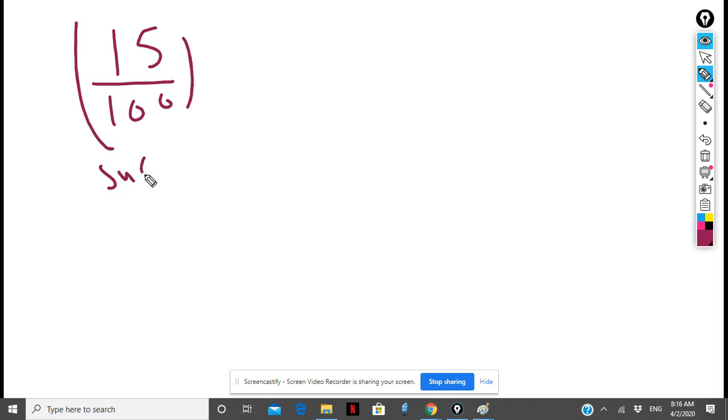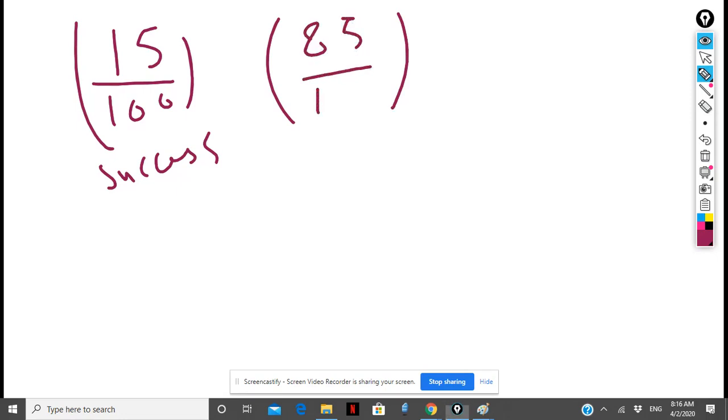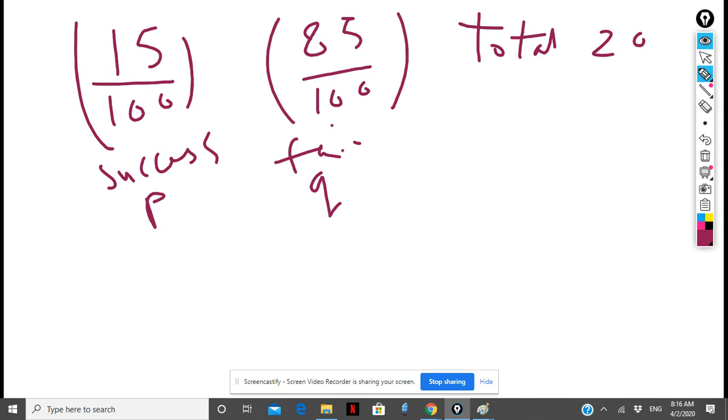So let's deal with the parts. 15 over 100 is the success, so the failure is going to be 85 over 100. So that's P and that's Q. Now the total is 20, which is N. I need only X as 5.